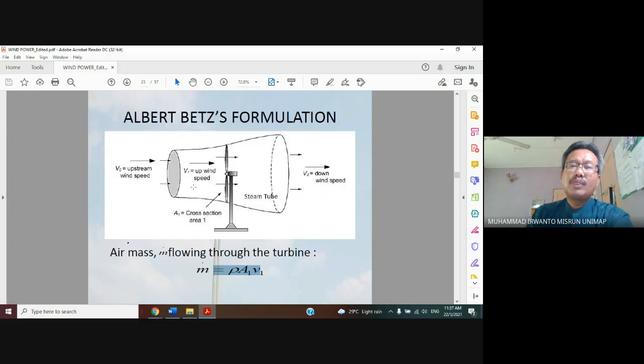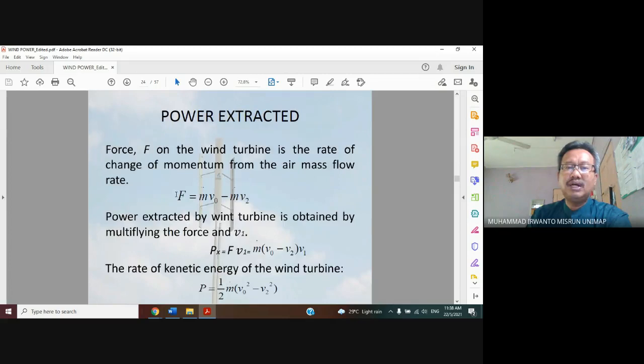Okay, and then the wind moves from area A0 through A1 until A2. The movement has force. The force of the wind, starting from V0 until V2, is given by F equal to m dot V0 minus m dot V1.